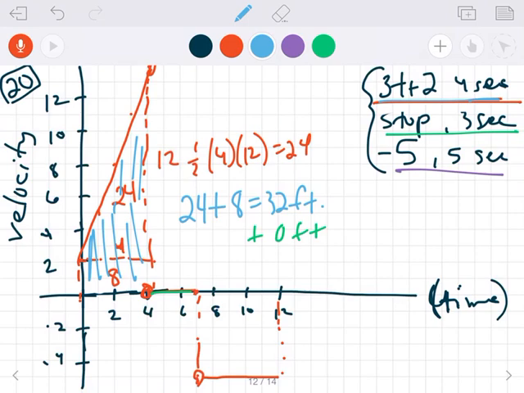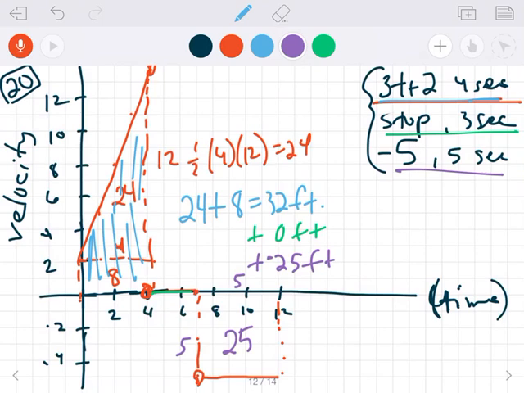And this is just a rectangle, from 7 to 12 would be 5, and then down to 5. So it's actually a square that has an area of 25 feet. So then we would add 25 feet to that, but because it's under 0, it's negative 25 feet, going back toward the starting point.